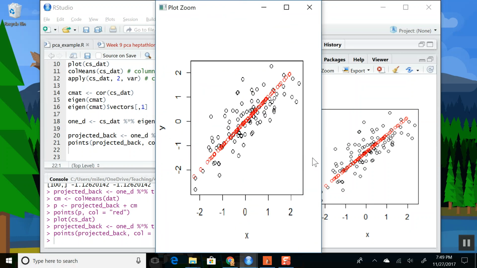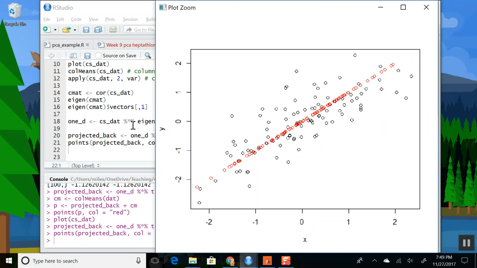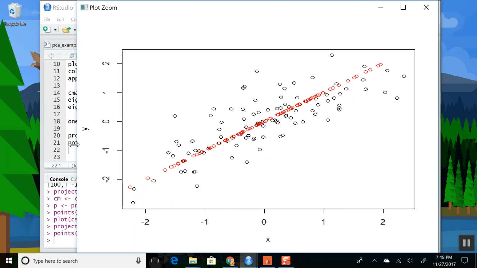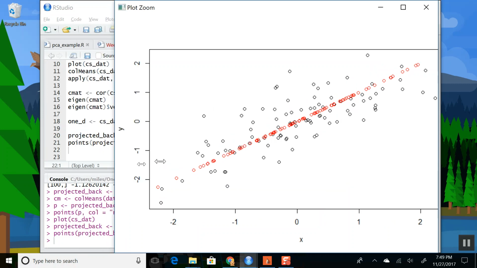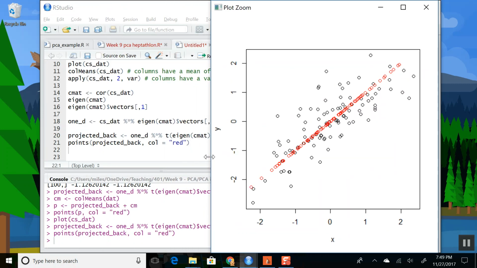So the black represents our original data, and the red represents the data after we've projected it down to one dimension.